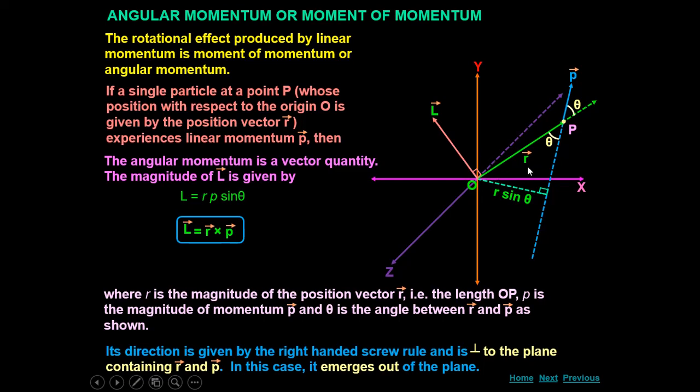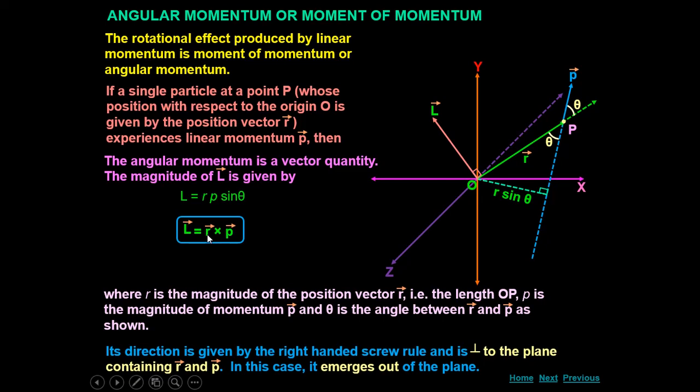If you rotate the screw in one direction, the direction of the motion of the screw gives the direction of the resultant vector. Here the two vectors r and p are what we read as a and b. a cross b equals c vector, or a cross b equals ab sin theta, which is nothing but the c vector. If a and b are in one plane, the c vector is perpendicular to that plane, as we studied in the cross product.